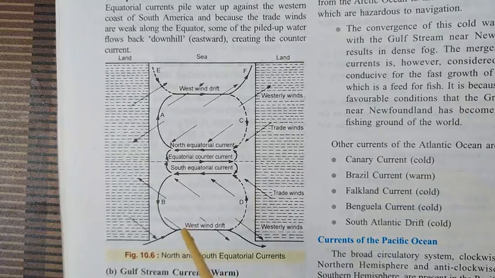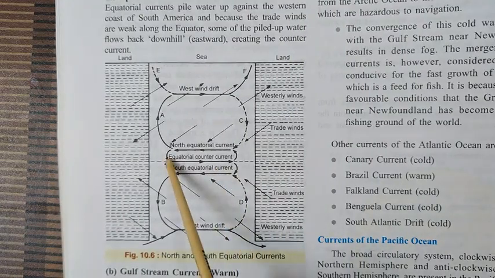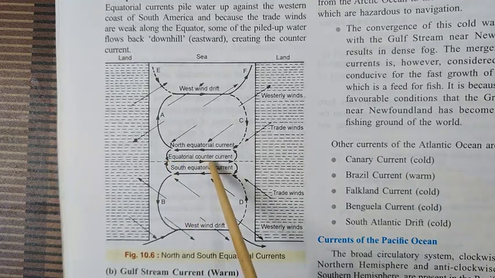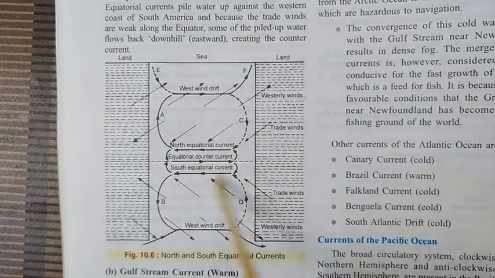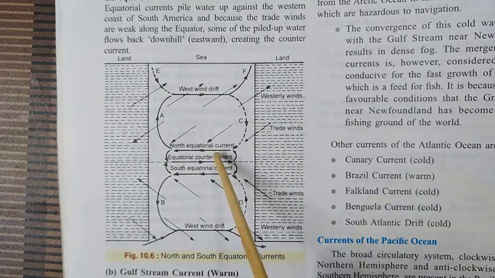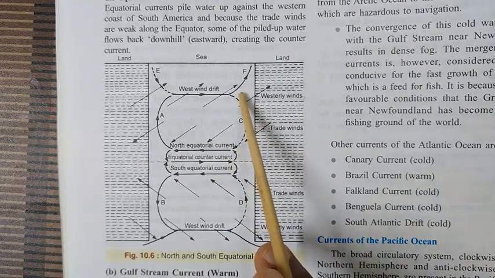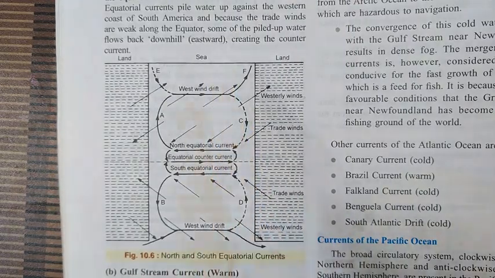In the previous chapter I explained that the Coriolis force is nil on the equator, but as you move from the equator towards the poles in both hemispheres, the Coriolis force keeps on increasing, and at the poles the Coriolis force is highest.